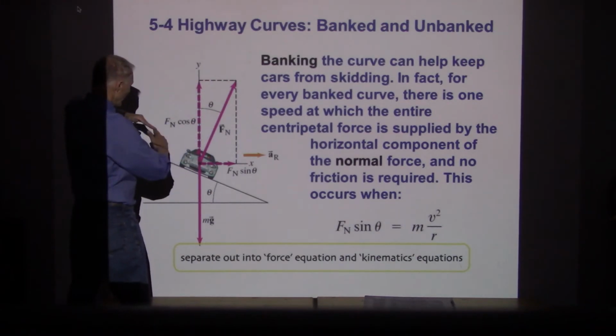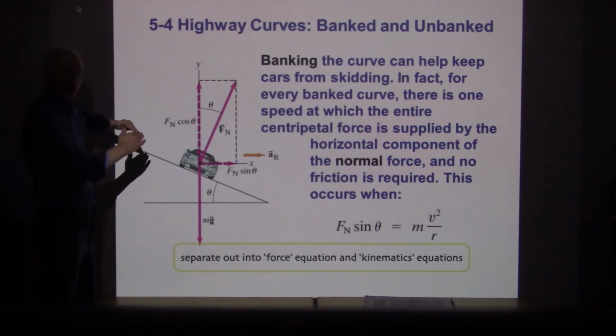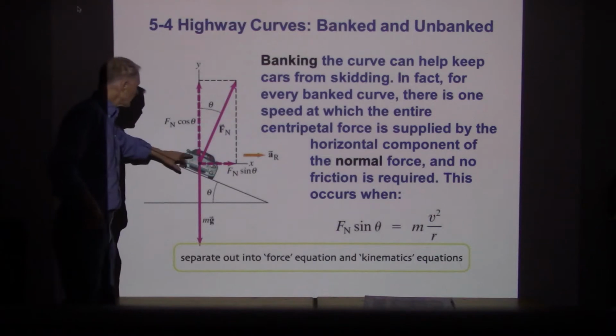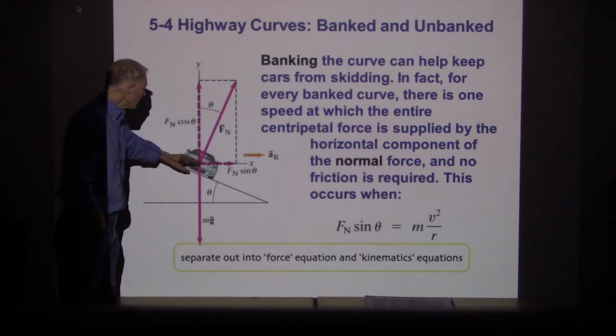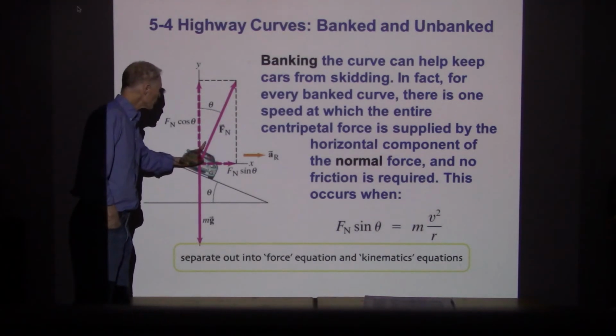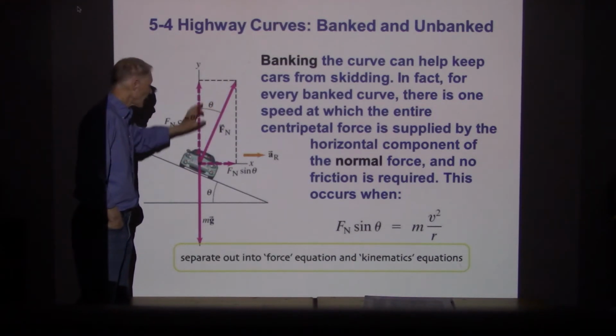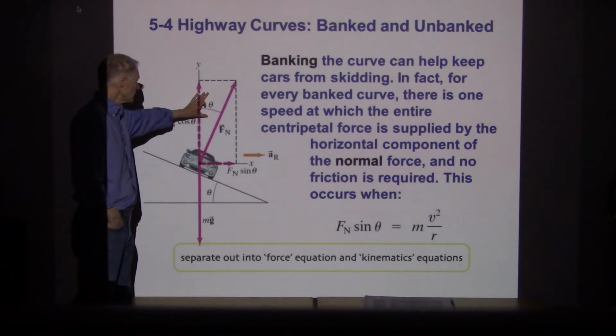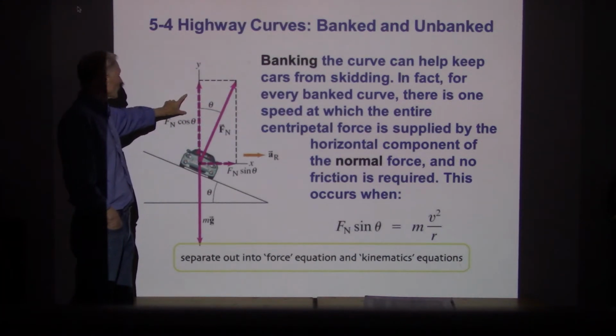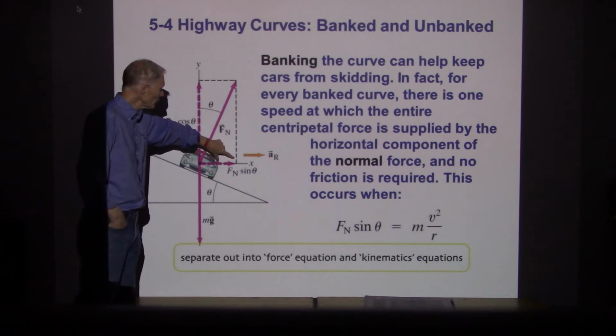This is the roadway being tipped, which is called banking, and the car now will have a normal force that tips. So the normal force will tip by an angle theta, and that will give us a normal cosine component and a normal sine component.